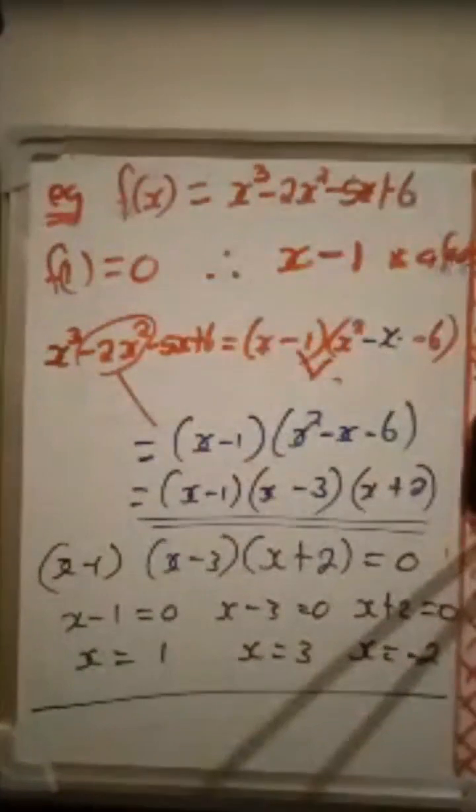Let me try to do another one. I'll try to do it slowly, and I'll try to write the steps downwards, only that my board is small. Okay, for example, another one, number 2.